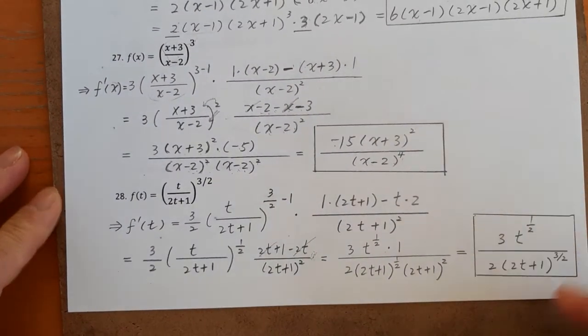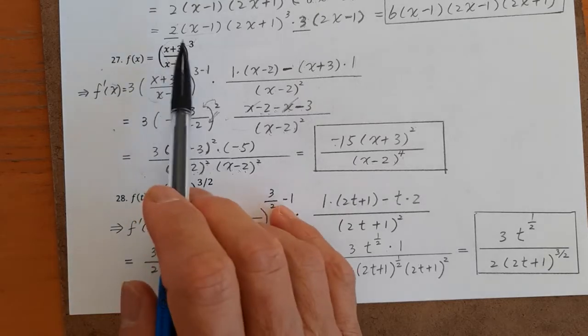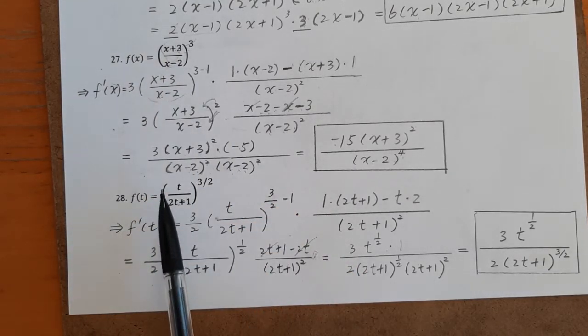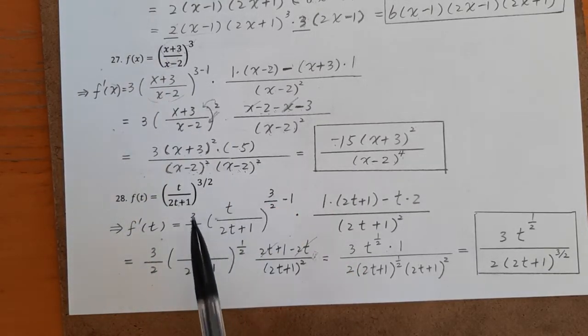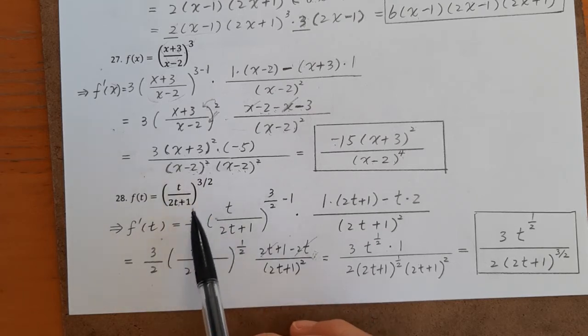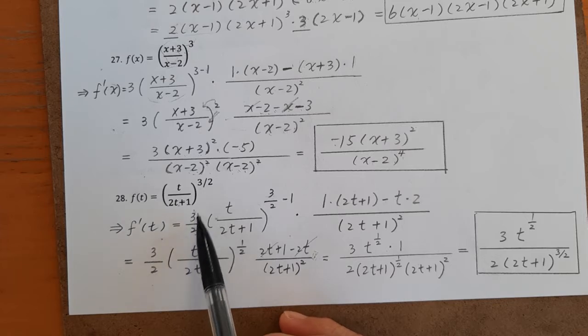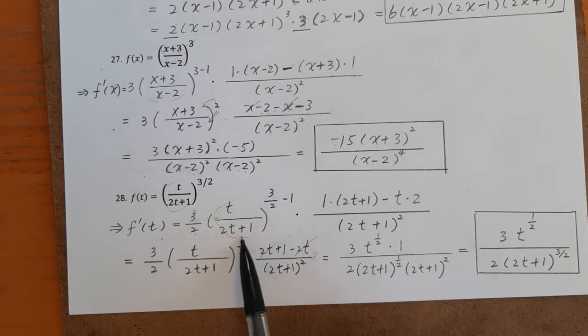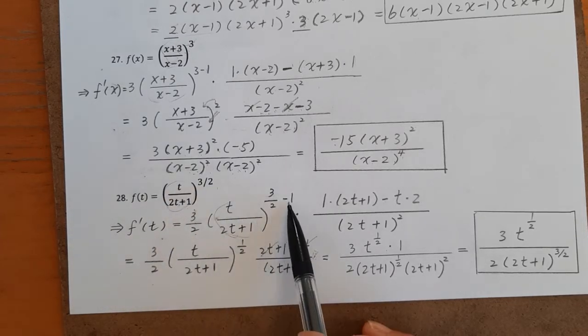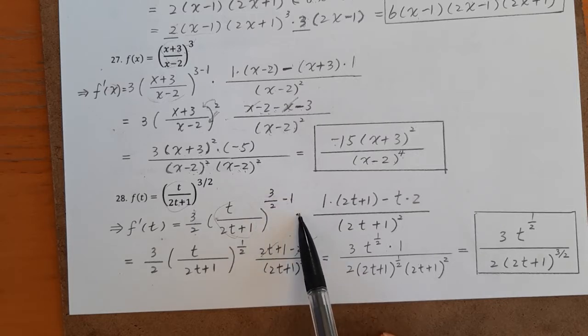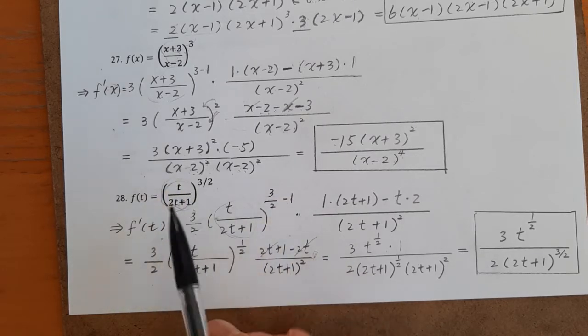Then the next one is also similar to this. So similar to 27. First of all, use power rule. 3 over 2 goes in front, and the base is this, and 3 over 2 minus 1, times this base take derivative.